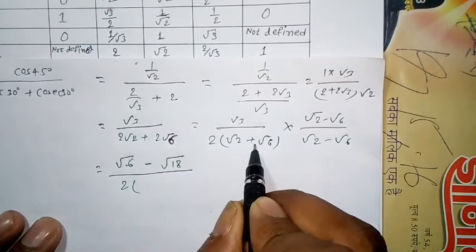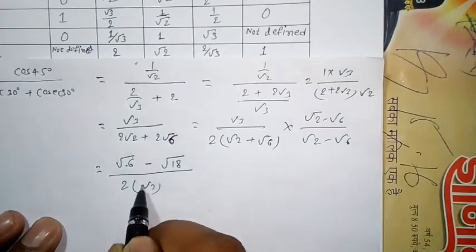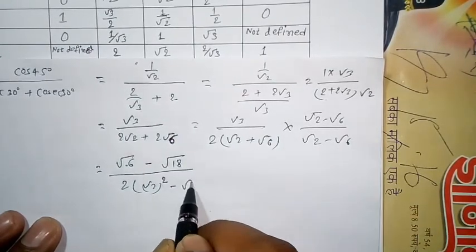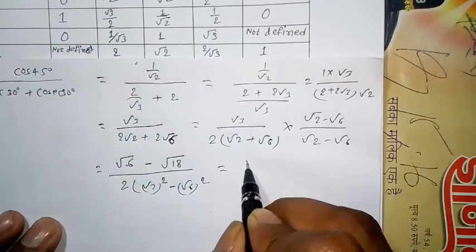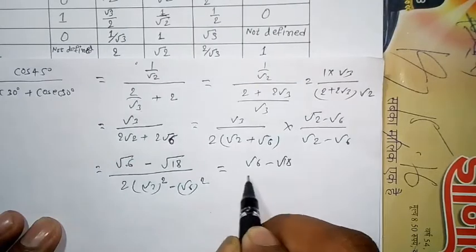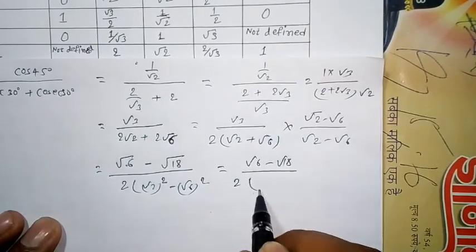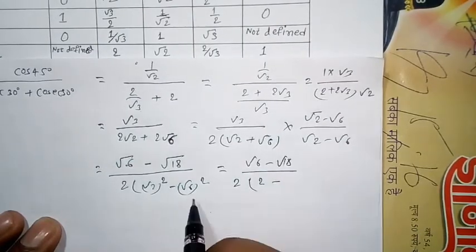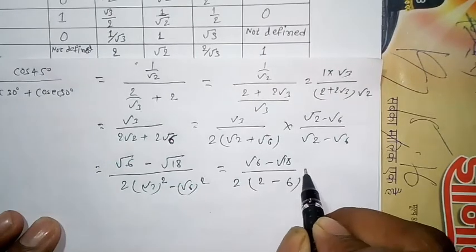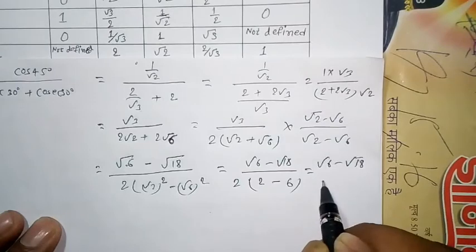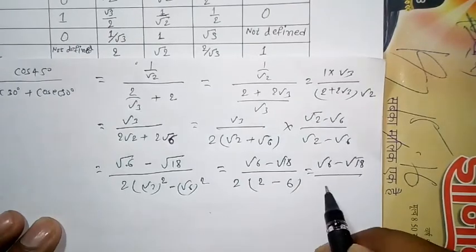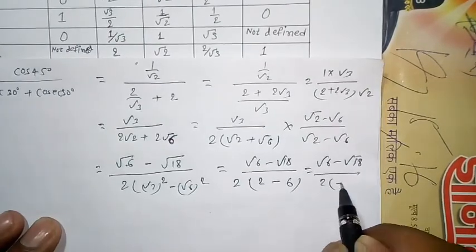This is a plus b into a minus b, a square minus b square, is equal to root 6 minus root 18 by 2, root 2 square 2 minus root 6 square 6, is equal to root 6 minus root 18 by 2 into 2 minus 6 is minus 4.